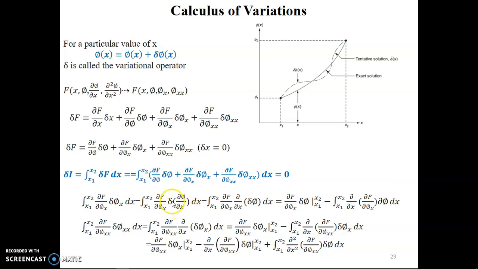As we have already stated, this del operator can move inside and outside the differential operators. So this will be the expression which we will be getting. Now del has been moved inside this derivative as del of phi.